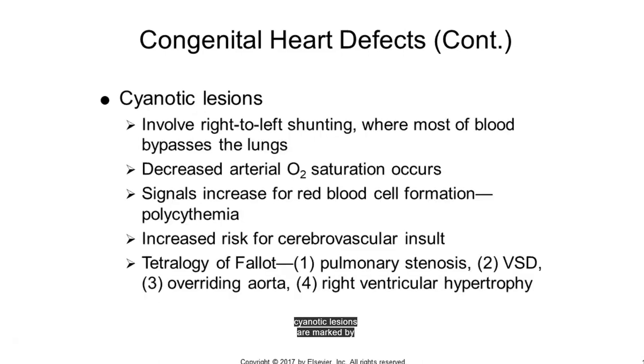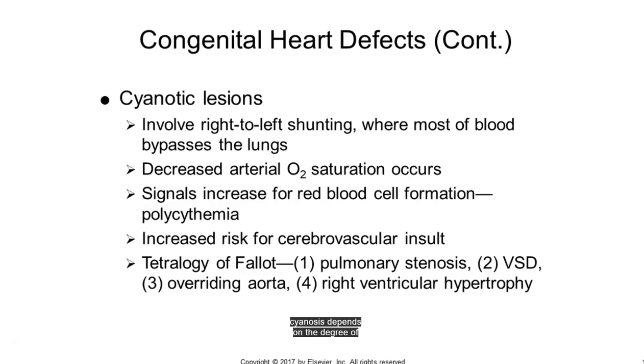Cyanotic lesions are marked by decreased PaO2 and right to left shunt. This resultant hypoxemia results in polycythemia and increased risk of cerebrovascular insult. Tetralogy of Fallot is named because of the tetrad of defects which include pulmonary stenosis, VSD, overriding aorta, and right ventricular hypertrophy.